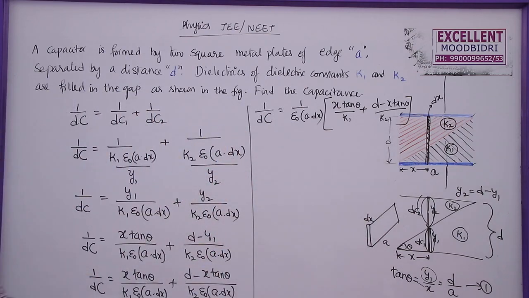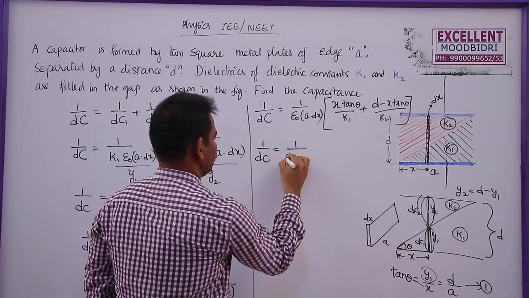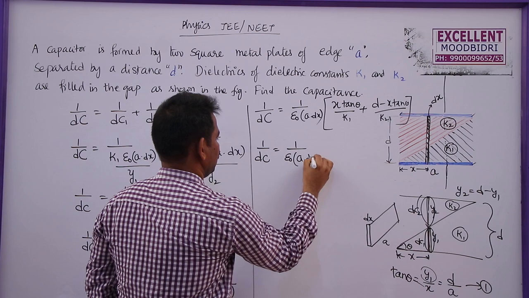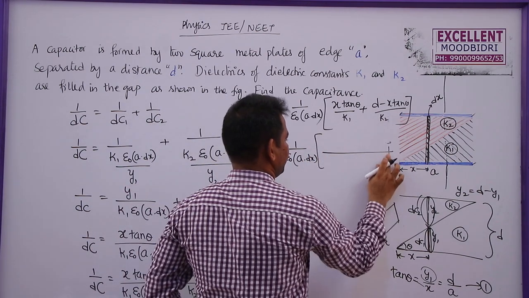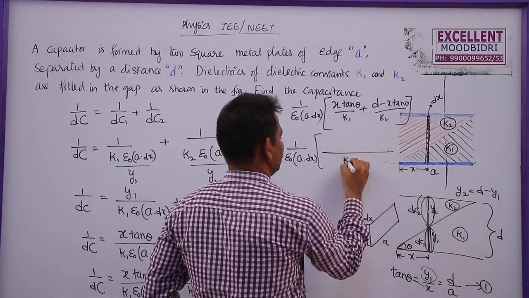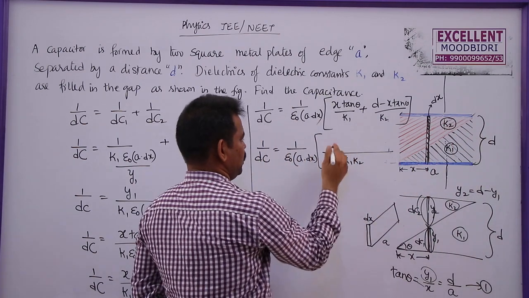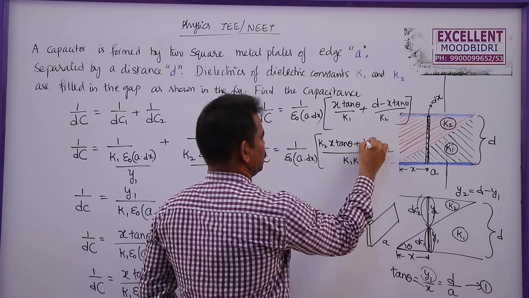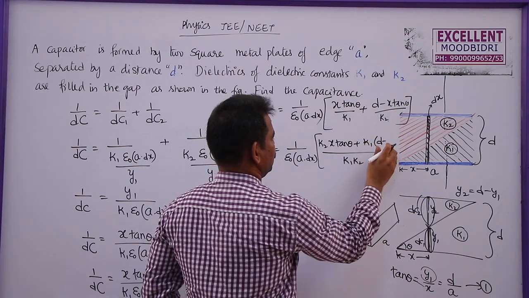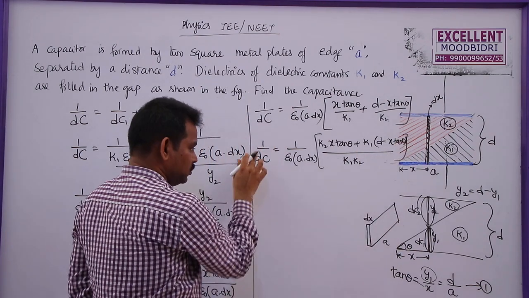So this is the 1 by dC value. Now take the LCM. Here the LCM will be K1 K2, and the thickness I will write here, d. Now this will become K2 x tan theta plus K1 (d minus x tan theta). This is 1 by dC.